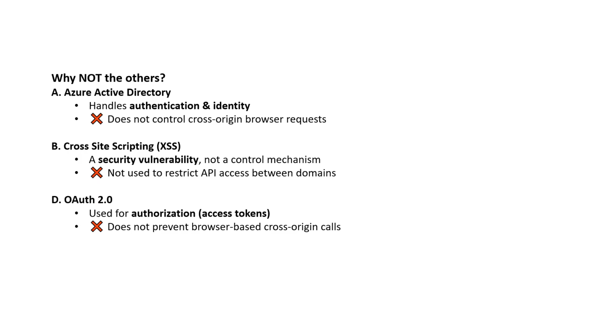Azure Active Directory actually handles authentication and identity, so it has nothing to do with the cross-origin browser request. Cross-site scripting is a security vulnerability, not a control mechanism, and it is not used to restrict API access between domains. OAuth is about access tokens, that is authorization, so it also doesn't prevent browser-based cross-origin calls.